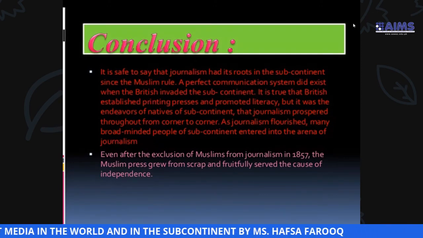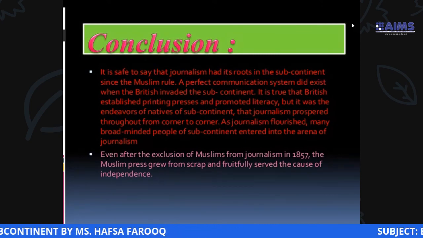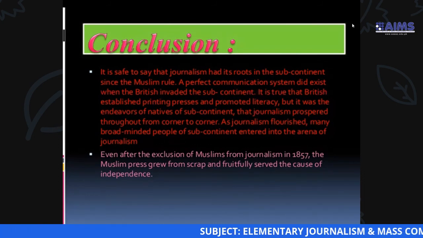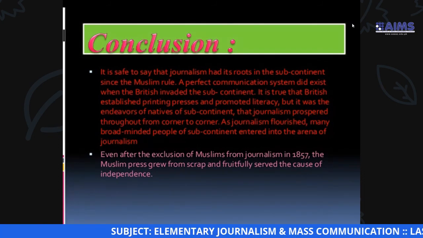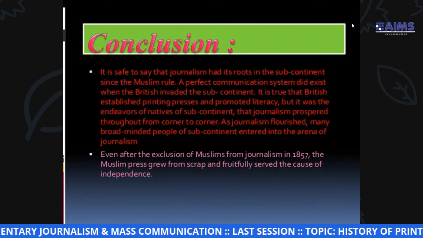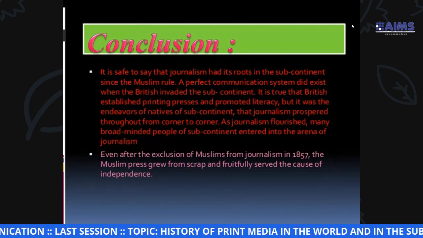As journalism flourished, many broad-minded people of the subcontinent entered the arena of journalism. Even after the exclusion of Muslims from journalism in 1857, the Muslim press grew from scratch and fruitfully served the cause of independence.